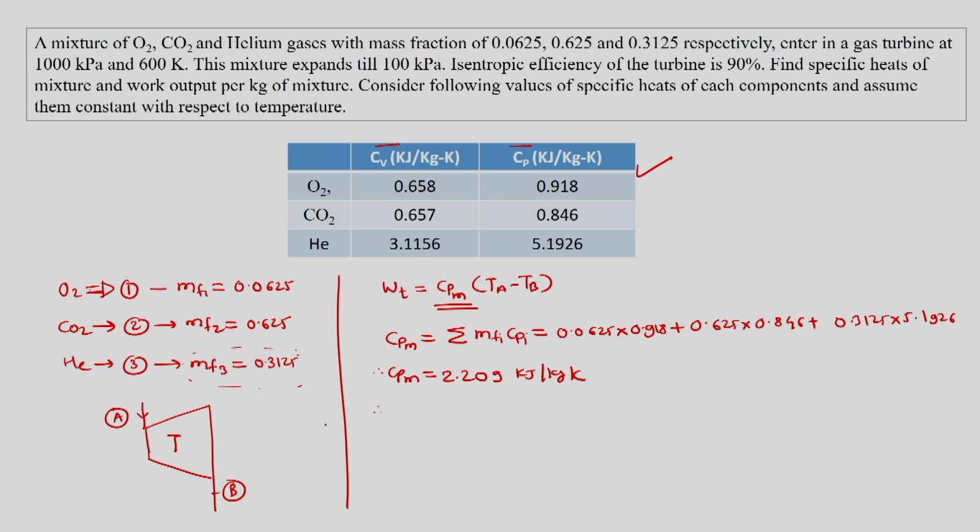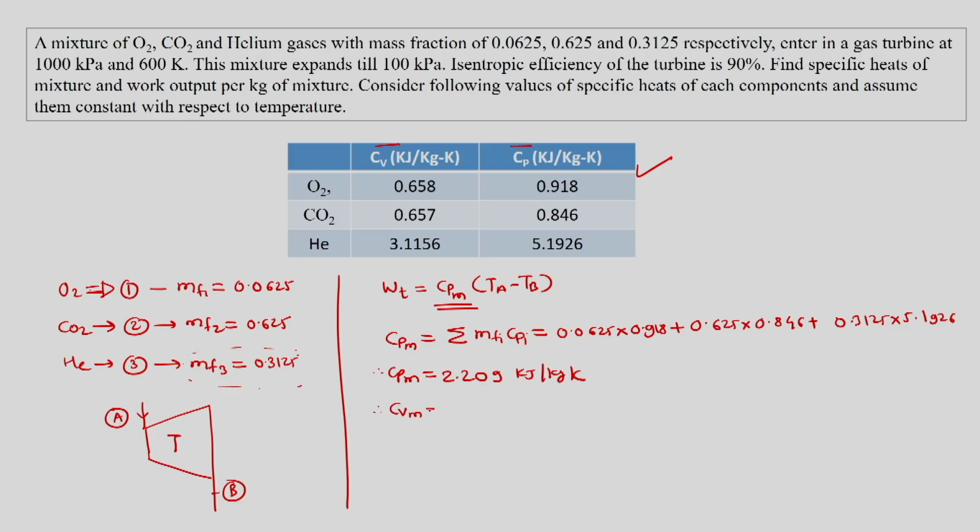We also know that the pressure ratio and temperature would have a gas constant also associated with that. So for that, let us calculate mixture specific heat at constant volume, which is again MFi into Cvi, which is 0.0625 into 0.658, plus 0.625 into 0.657, plus 0.3125 into 3.1156.